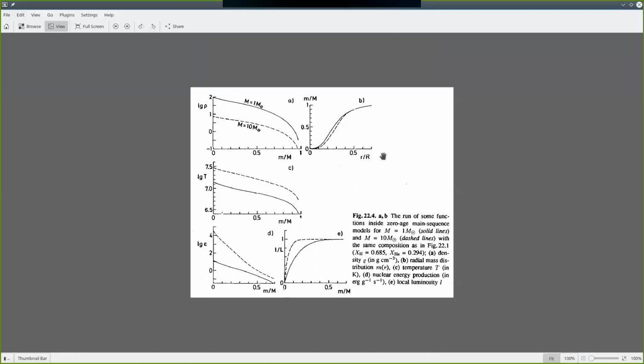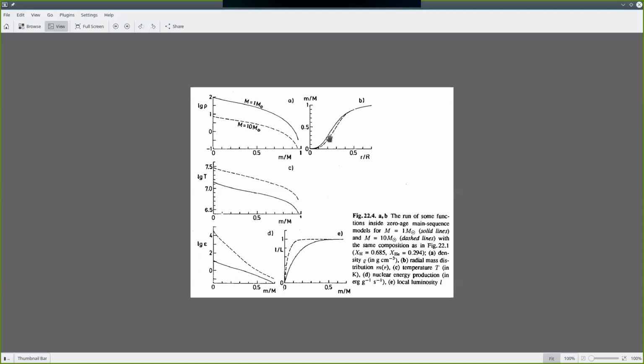Here you see the plot of the mass up to a certain fraction of the total radius, with respect to the total mass. Here we have half of the radius of the star. Here it's more or less one quarter.